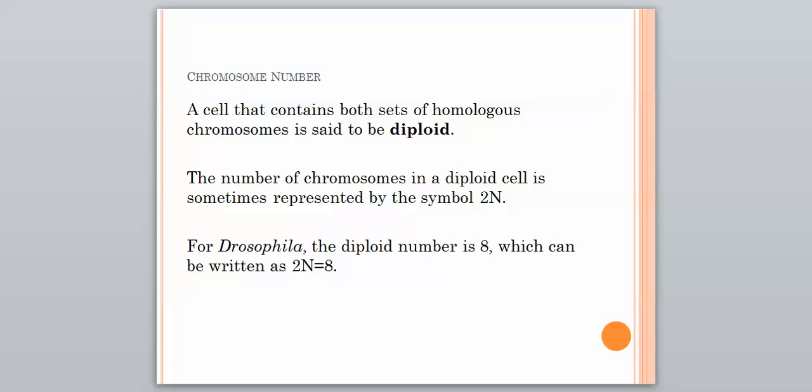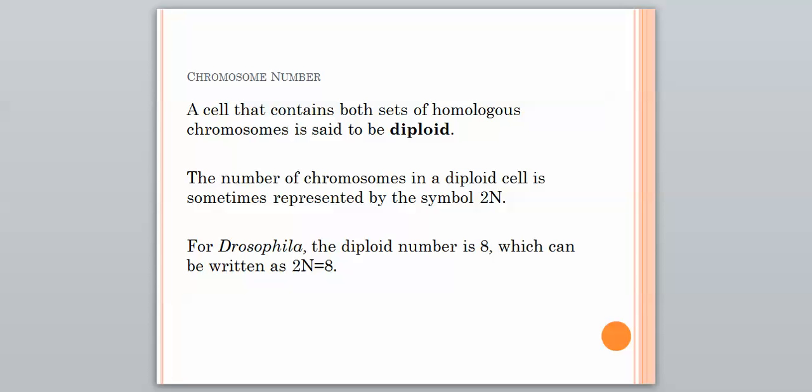And then a cell that contains both sets of homologous chromosomes is said to be diploid. So in a normal body cell, like the cells that grow in your skin and your stomach and things like that, these cells have chromosomes that are diploid because they have one set from mom and one set from dad. The number of chromosomes in a diploid cell is sometimes represented by the symbol 2N.